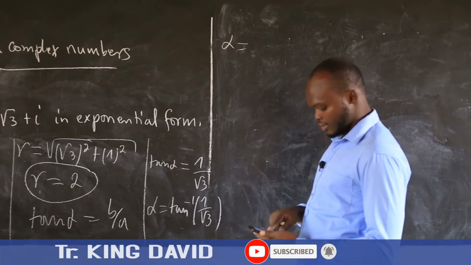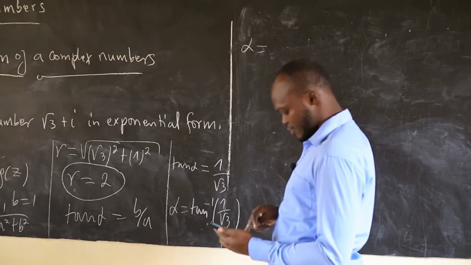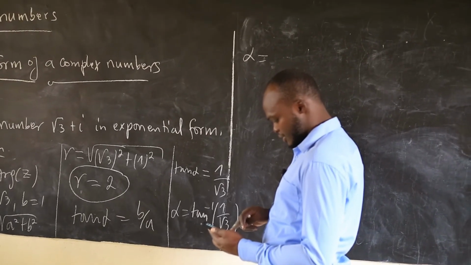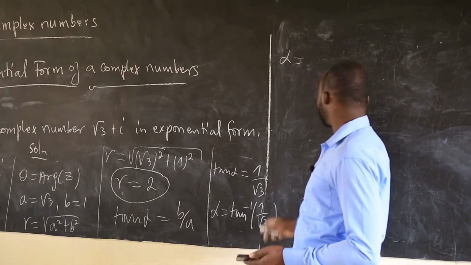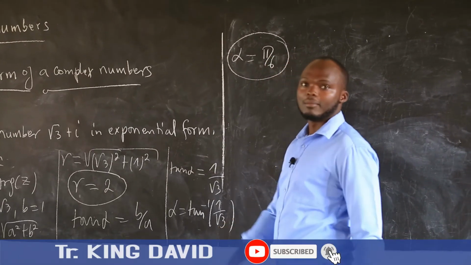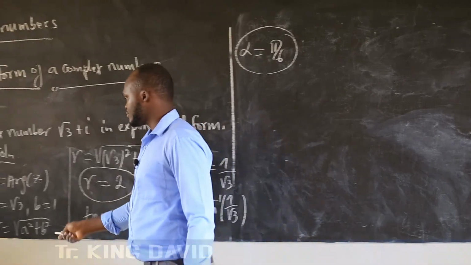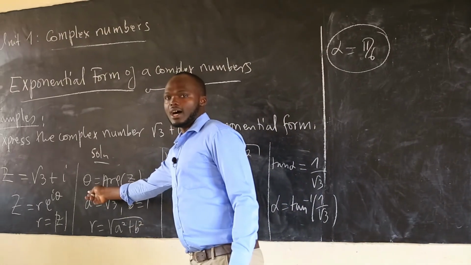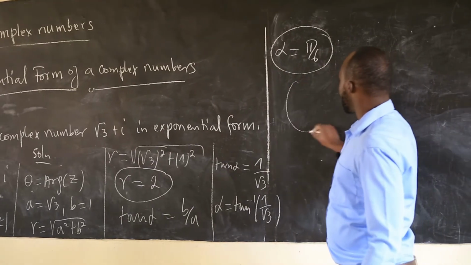So tan inverse of 1 divided by root 3. The answer is 30, which is pi over 6. So our alpha is pi over 6. So this is the alpha, not the angle. To get the angle, we're going to consider quadrants. We have a circle.